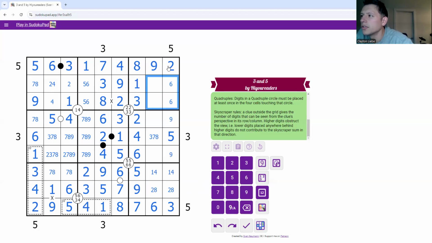Are these 4 digits? A 4 somewhere, a 5 somewhere, 6 in one of 2 places, and a 7. Again, if this is a 7, 8, 9, that's only 4. That's not enough. If this is 6, 7, 8, 9, that would give us 2, 6, 7, 8, 9.